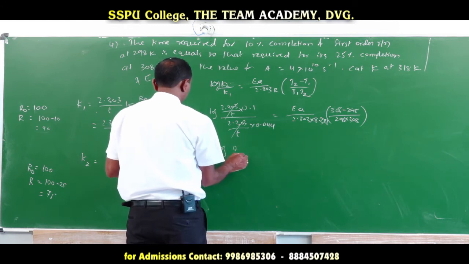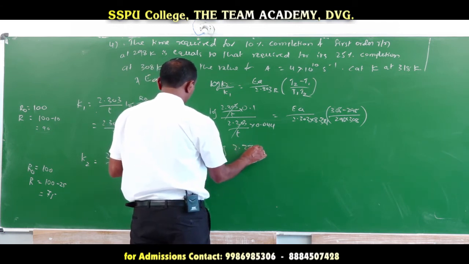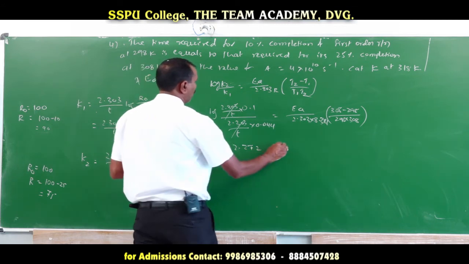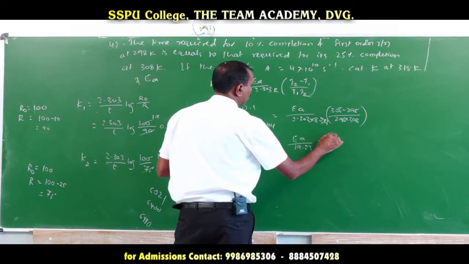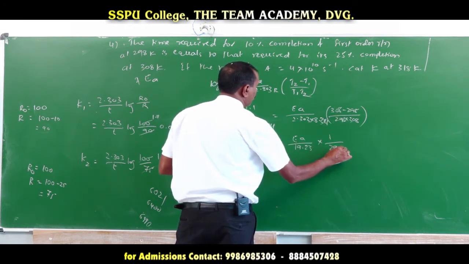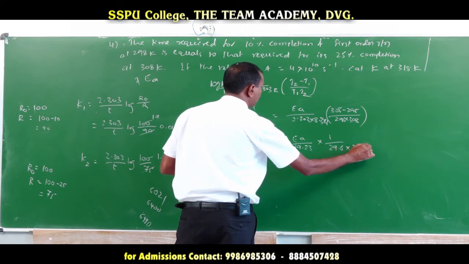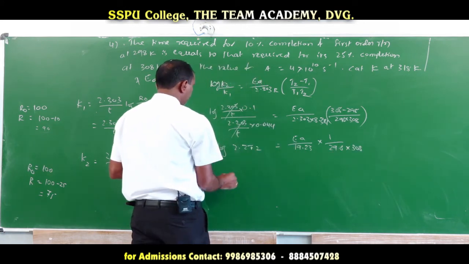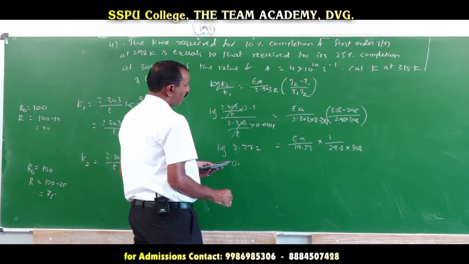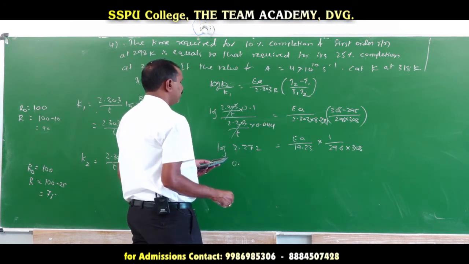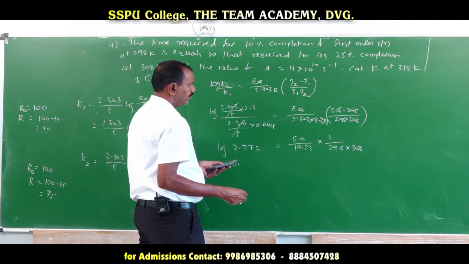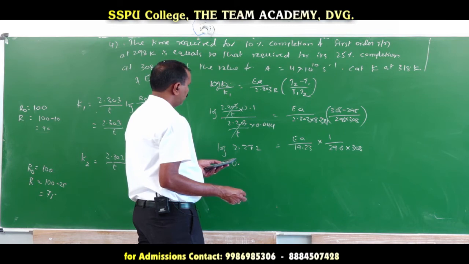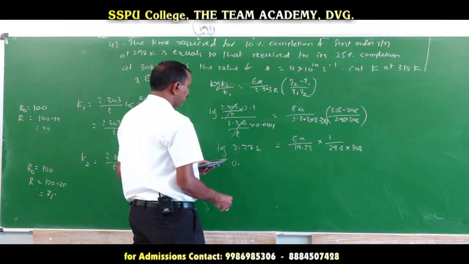Log of 2.27. Then 29.8 into 308. So characteristic 0, and the mantissa gives 0.34.